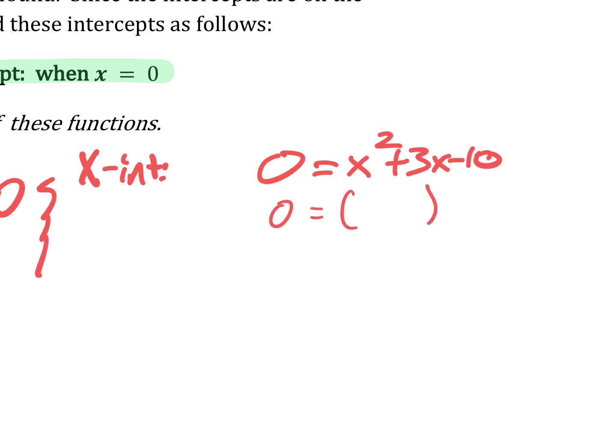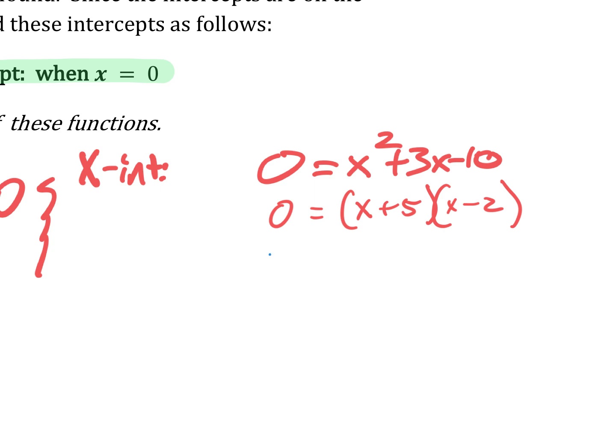In this case, I think we can factor: two numbers that add to positive 3 and multiply to negative 10. I think that positive 5 and negative 2 will do it. They multiply to negative 10, 5 times negative 2, and they add to positive 3.